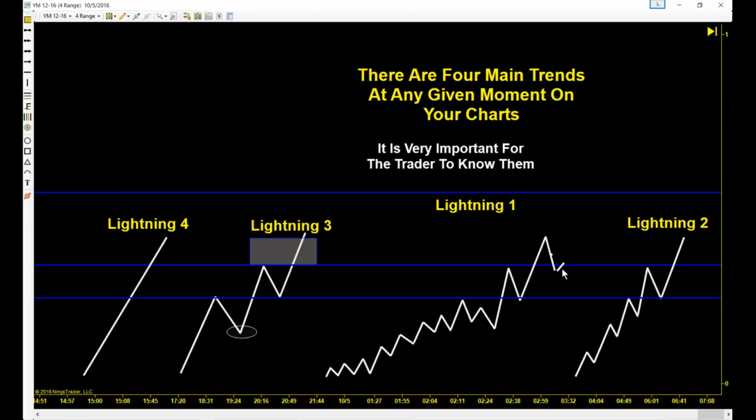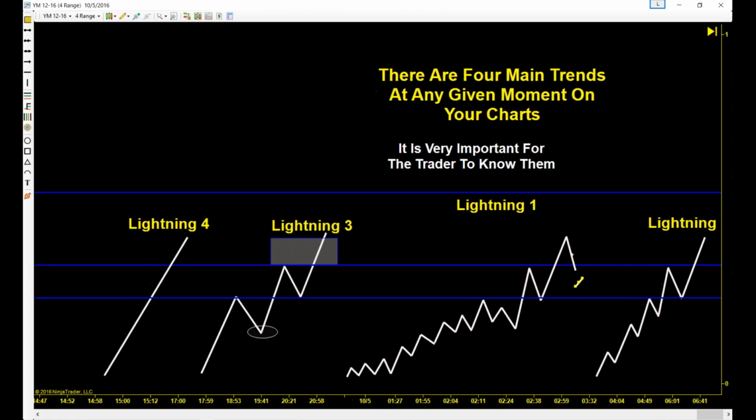Okay? If it went lower and then even went back up through the line, more than likely you'd get that run and you'd probably be having a higher low and you'd get a higher high than this. You see what I mean? Because you're stair stepping still.